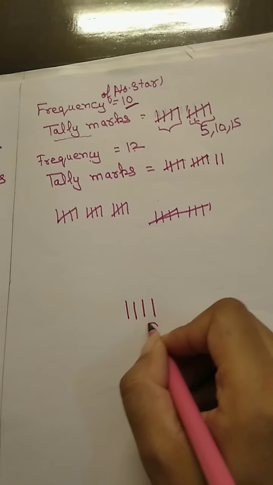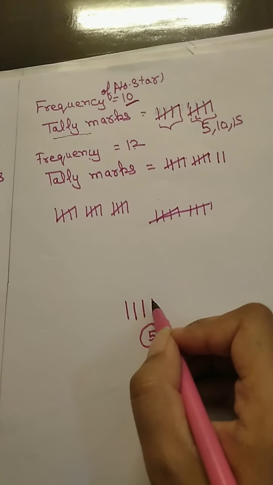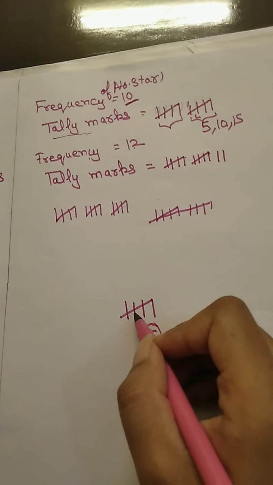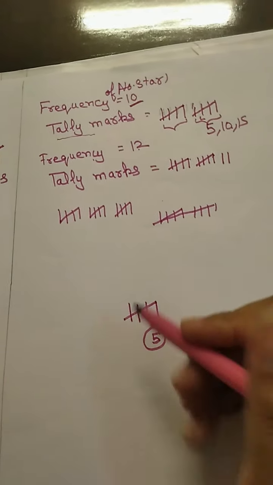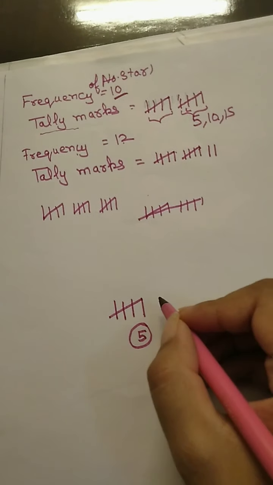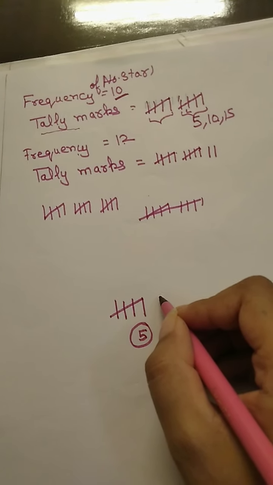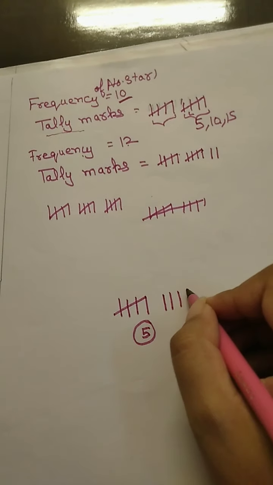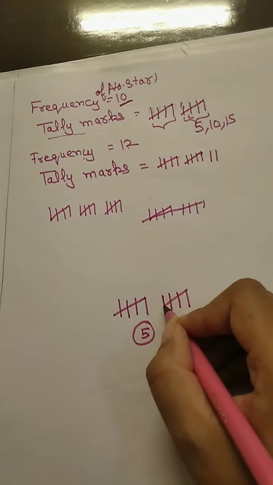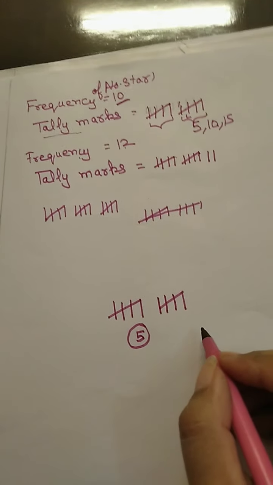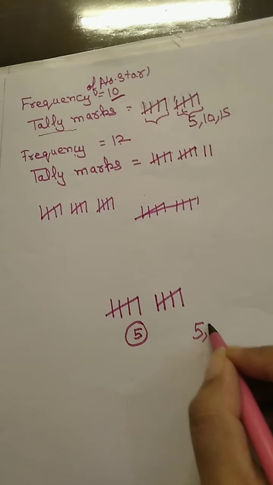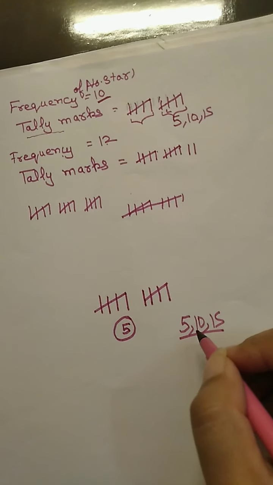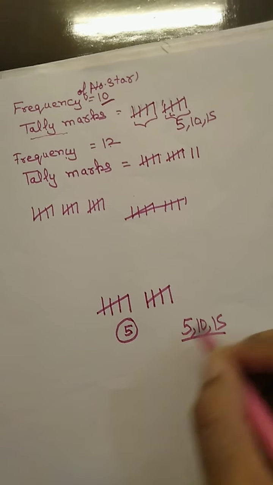In order to represent five, we will cut the 4 lines diagonally, and that line we have cut is used to represent number 5. After this, we proceed to the next numbers 6, 7, 8, 9 and 10. So we can't write the multiples of 5, 10, 15 as a direct line. We will show it by cutting the 4 lines diagonally.